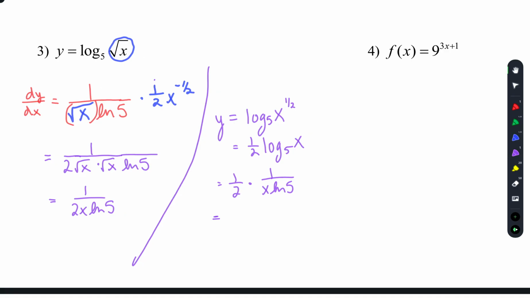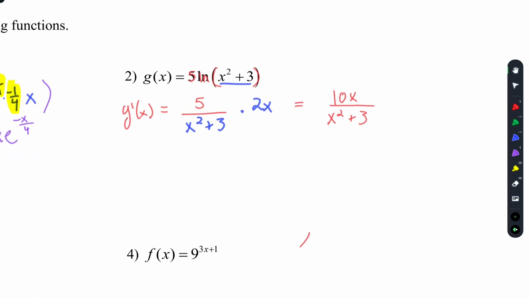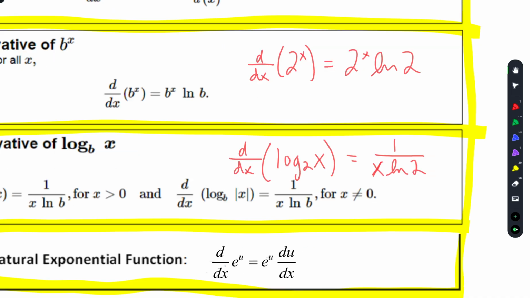Now this one is like that 2 to the x one that I did. Where is it? Right here. Same idea: if this is just plain x, you're going to put an x there, but if that's fancy, you've got to put the fancy stuff there and do chain on it.